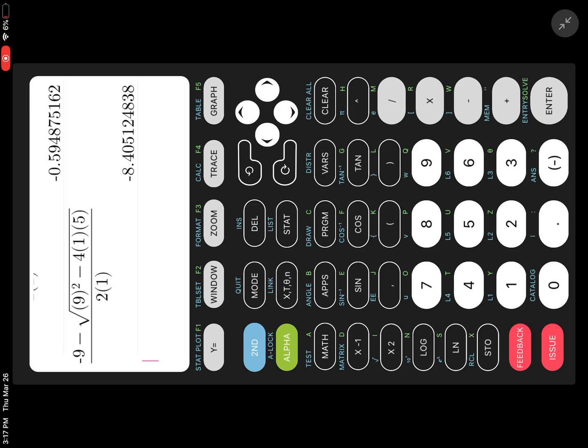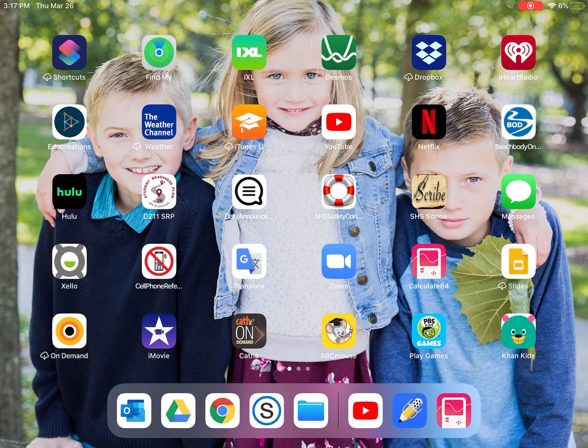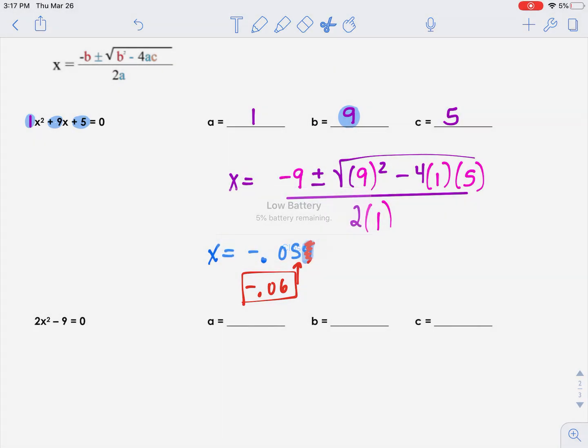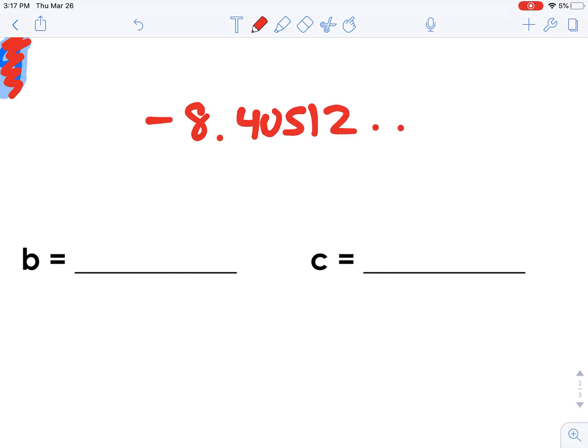Looking at this, now we have to round. We want to round to 2 decimal places, which is the hundredths place. I apologize if that was crooked. I don't know how it videotapes. So this is negative 8.40512, and it keeps going on.